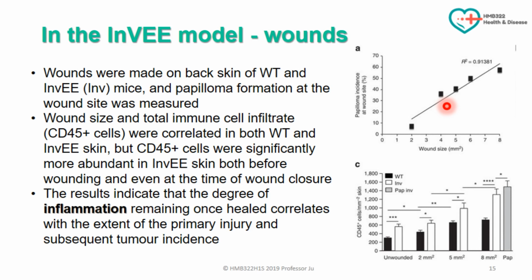And again, that's the only thing that I want you to take away, that the bigger the wound is in the INVI mice compared to the wild-type, they get much more aggressive, bigger papillomas, those benign tumors.